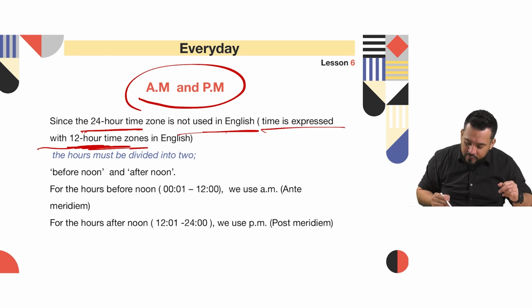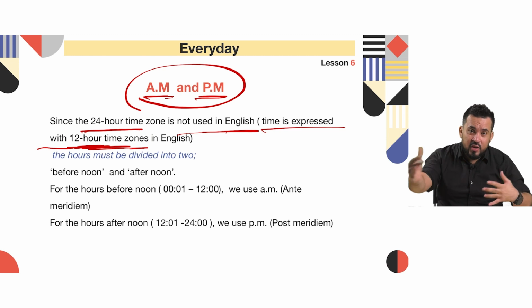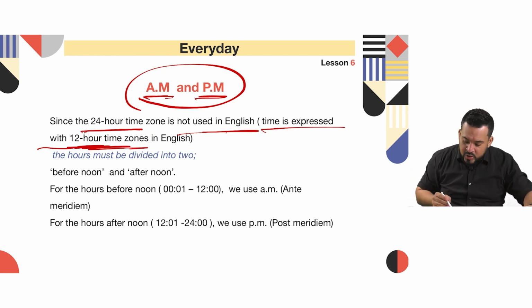So we use the 12-hour time, that's why we made the AM and PM, so we can differentiate when it's morning and when it's evening. So the hours are divided to before noon and afternoon. The hours before noon until noon use AM, okay?